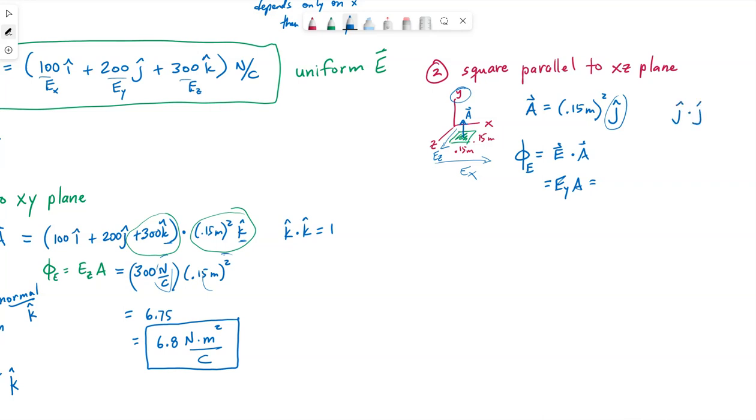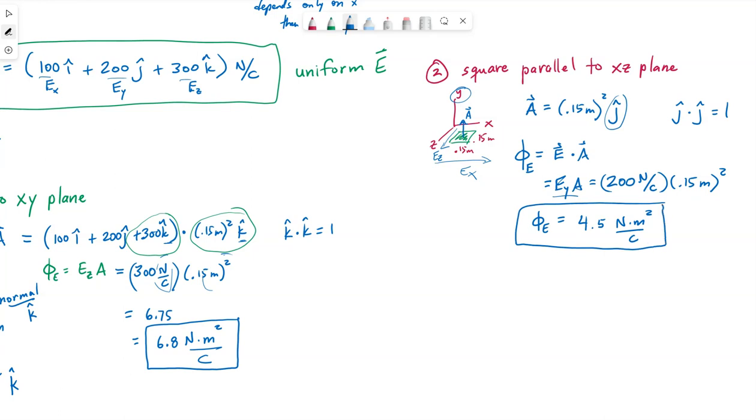J dotted with J is what will give us the 1, which leaves us with taking the Y component of the electric field and multiplying it by this area. So this time the flux is smaller. It is smaller because this Y component of the electric field is smaller than the Z component was when we looked at the previous situation.